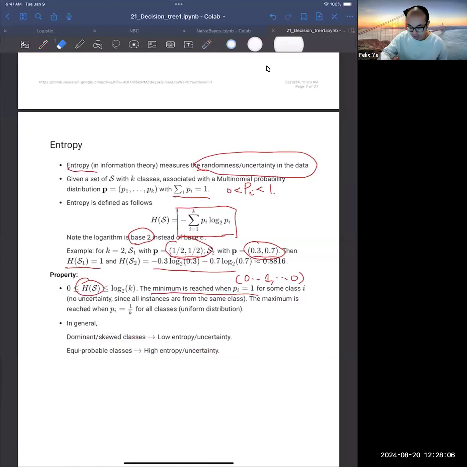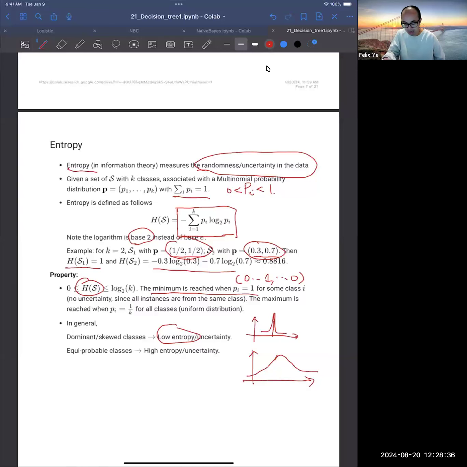You can think about this even in terms of distributions. A Gaussian with low variance has low entropy, because the probability is mostly concentrated around the mean. On the other hand, a Gaussian with a large variance has higher entropy, because the uncertainty is higher in that case.